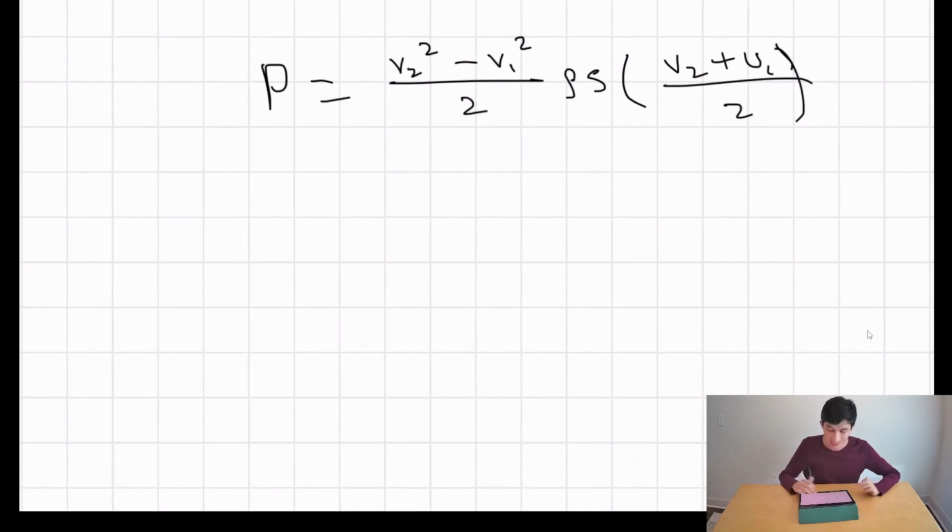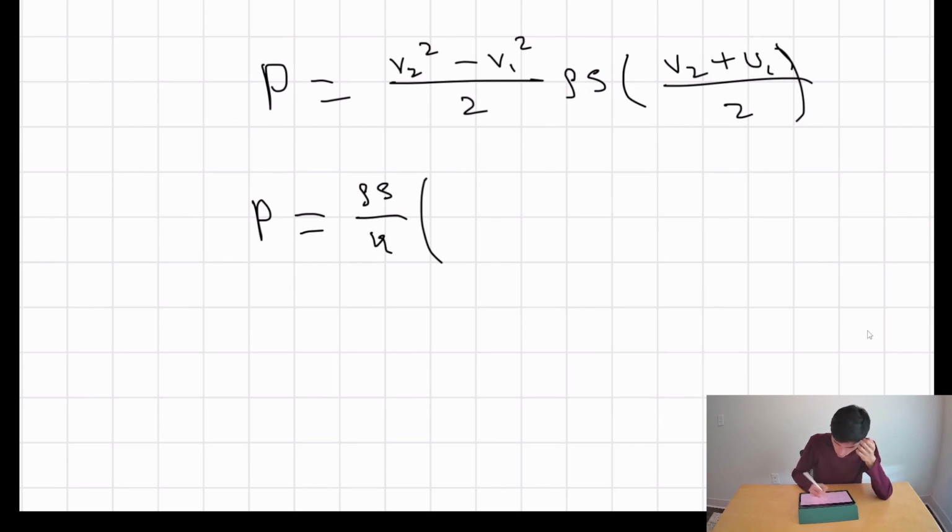Okay, let's simplify it. We can actually multiply the velocities and have a new expression for power. So we're going to have rho S over 2, and it's going to be over 4 because we have two 2's, and we can multiply this by the velocity.